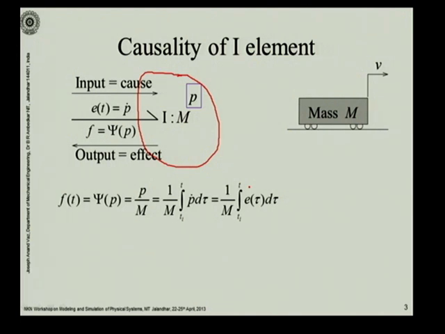This notion of causality is called the Galilean notion of causality, where the past causes are taken into consideration in order to produce a current effect.